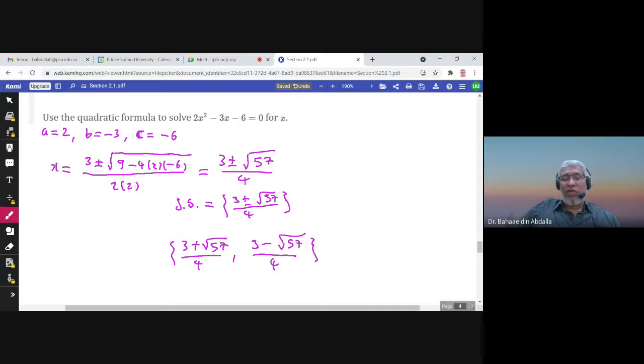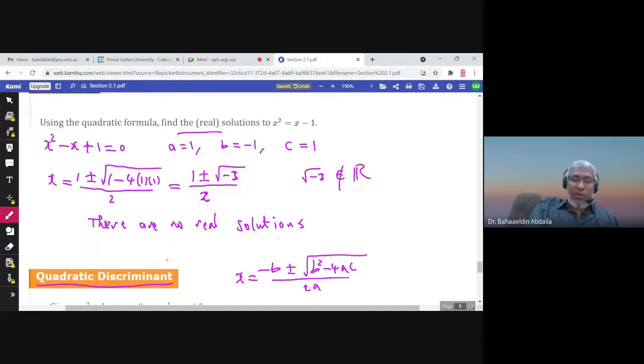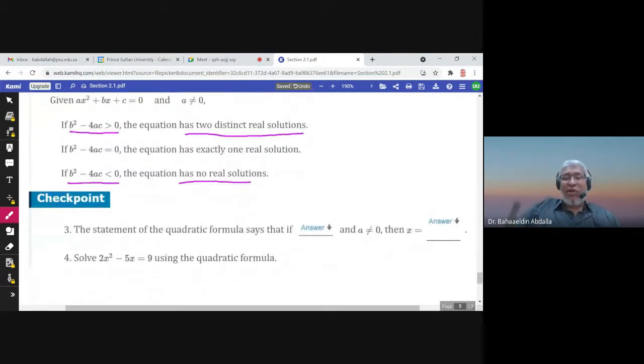You can use your calculator to approximate these solutions. 3 plus the square root of 57 over 4 is approximately 2.64, while the other solution, 3 minus the square root of 57 over 4, is equal to negative 1.14. So these are two different real solutions.